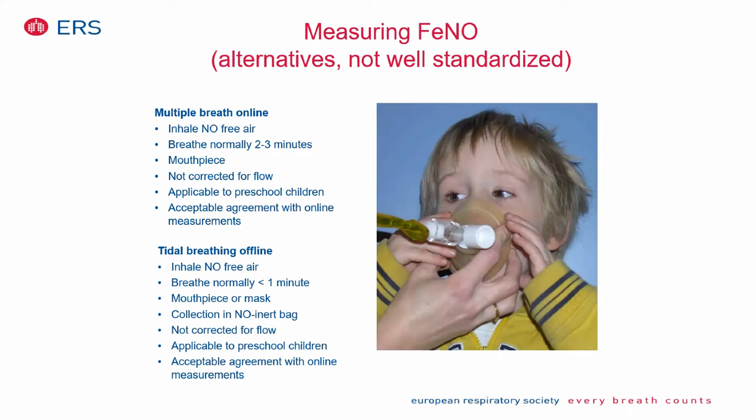Also, of course, you inspire NO-free air, but you breathe normally, and you measure the concentration in the expired air during 2 to 3 minutes. And then you have a kind of mean value that you can use to say if there's too high or too low FeNO in your exhaled air. It is important that such a method is not corrected for flow, so of course it gives you less accurate values.